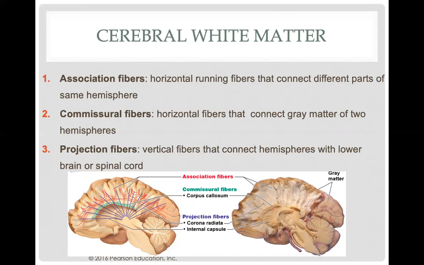Commissural fibers, depicted in green dots, also known as the structure of your brain called corpus callosum, are responsible for communication between your 2 cerebral hemispheres. Projection fibers that you see in blue are responsible for connecting the brain to your spinal cord and enabling you to carry out a lot of your higher functions.